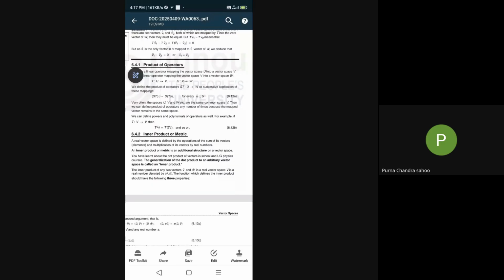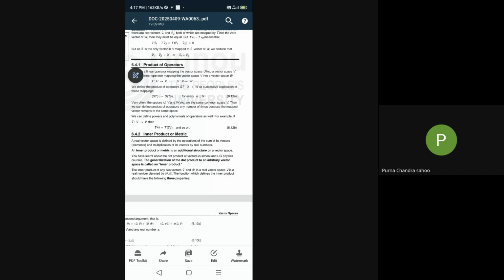A real vector space is defined by the operations of sum of its vector elements and multiplication of its vectors by real numbers. An inner product or metric is an additional structure on the vector space, and the generalization of dot product to arbitrary vector space is called an inner product.